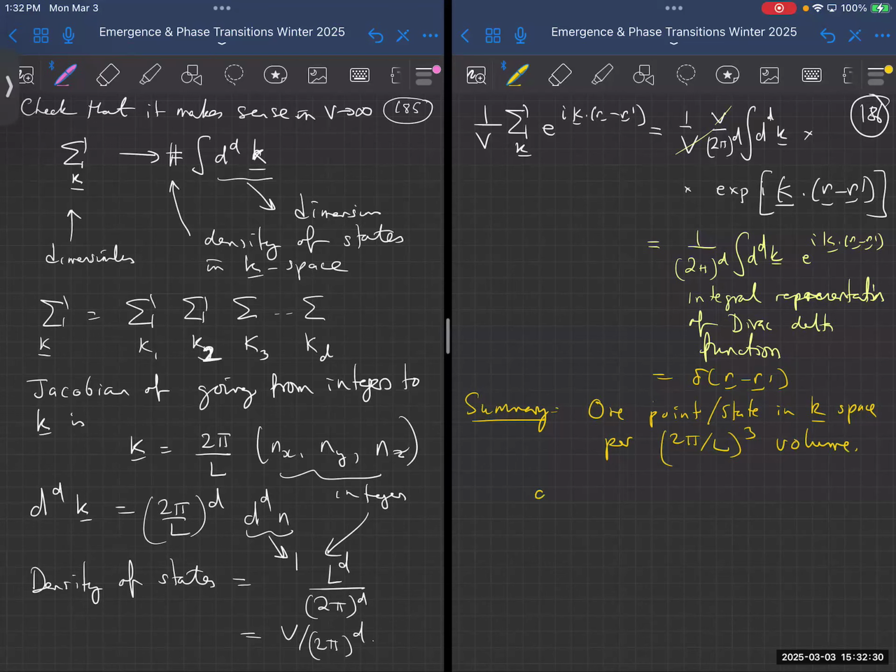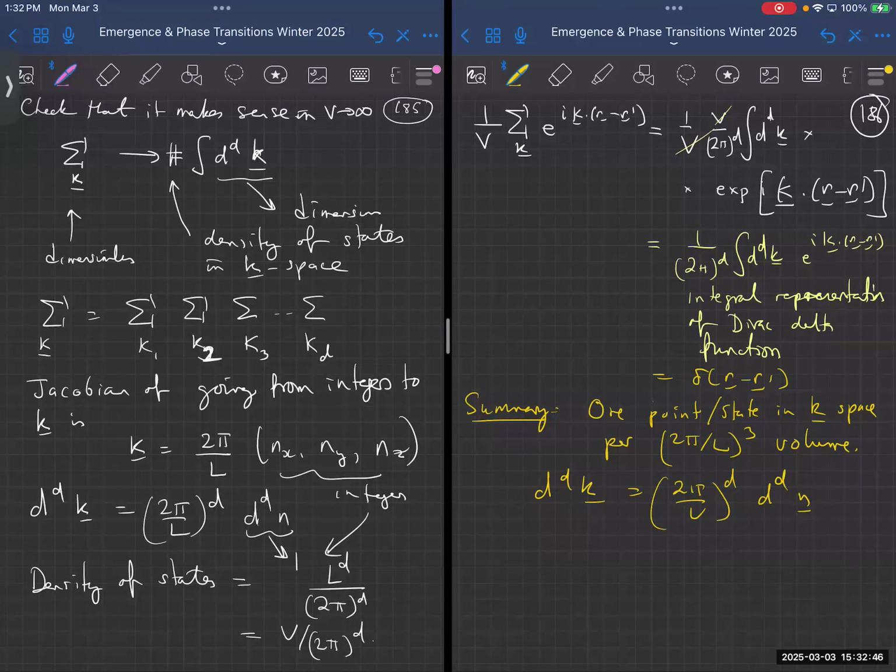And so dk is equal to 2 pi over L to the d n. So that's how you convert from sums into integrals to first order. Okay, there's corrections to this, in fact, but this is the thing.